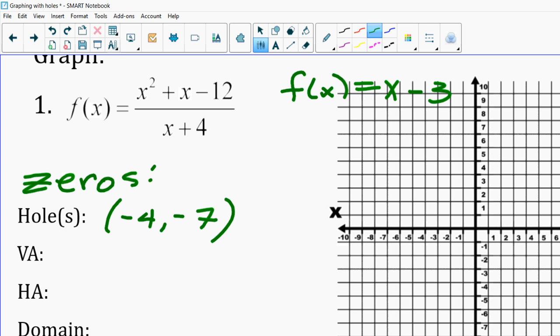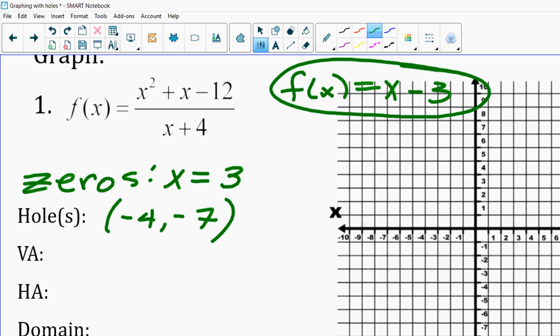Remember, a function is equal to 0 when the numerator is 0. Well, I don't even have a denominator, right? So it's just, when is x minus 3 equal to 0? When x is 3. Now, ladies and gentlemen, you know that that's a line, right?